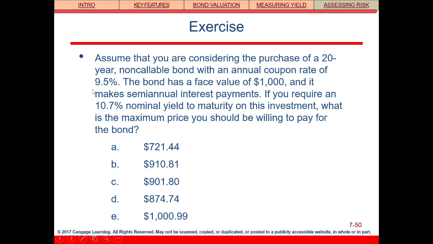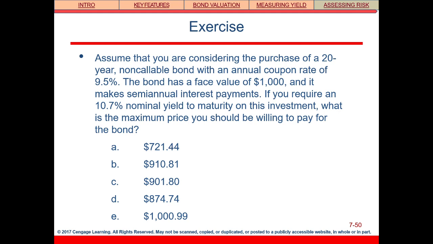And then the nominal yield to maturity, this is the market interest rate, that's I/Y, is 10.7%. But now we are doing semi-annual compounding, so we have to divide this by 2. So that means this is 5.35 for the I/Y.